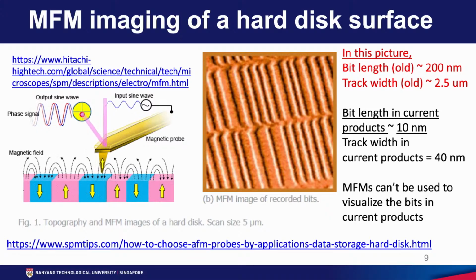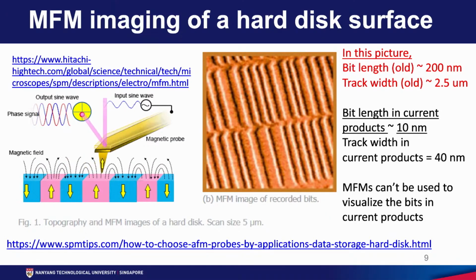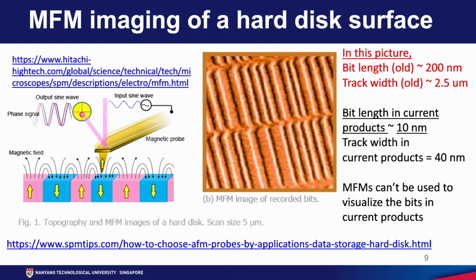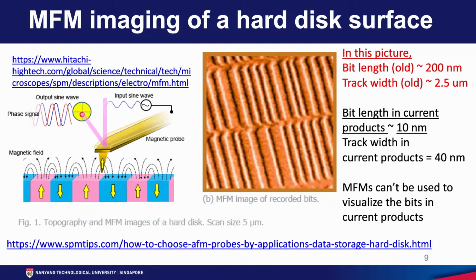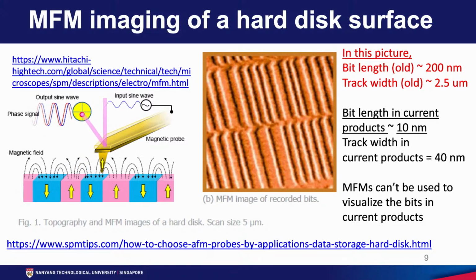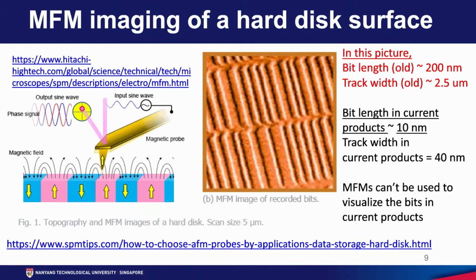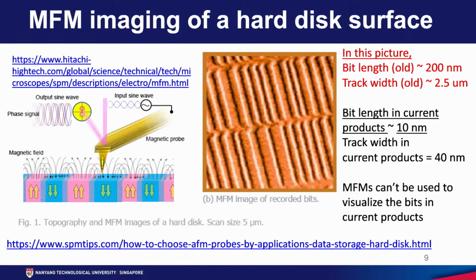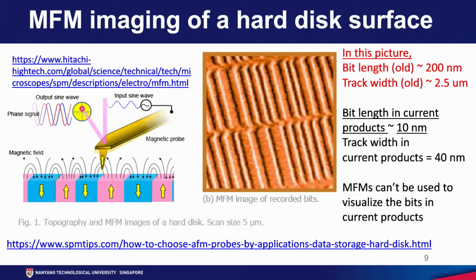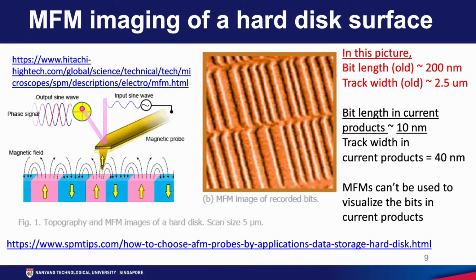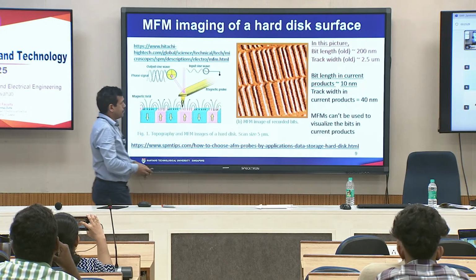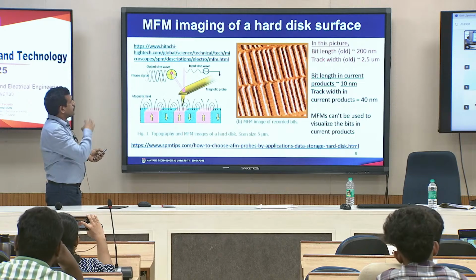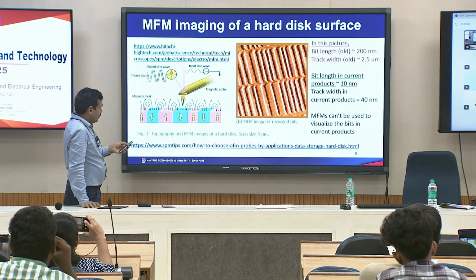So, in the mid 1990s you can measure the bits using MFM, but in current technology this length is only 10 nanometer and the track width is only 40 nanometer. 10 nanometer is even beyond the resolution of MFM. You cannot use MFM to visualize the bits like you did in the past. So, this is the kind of growth that is happening.